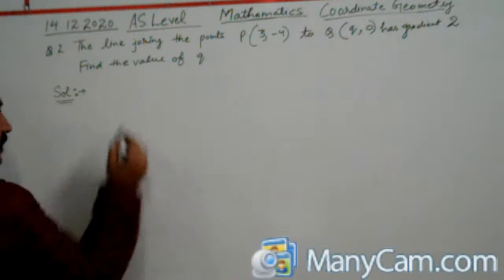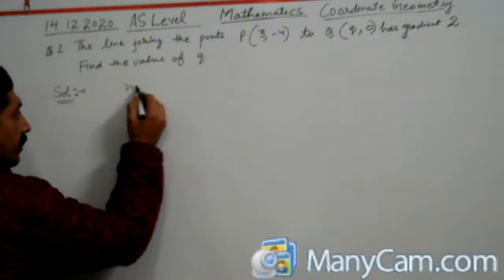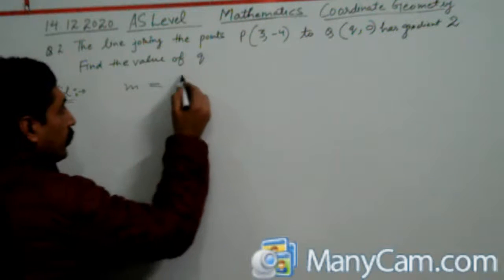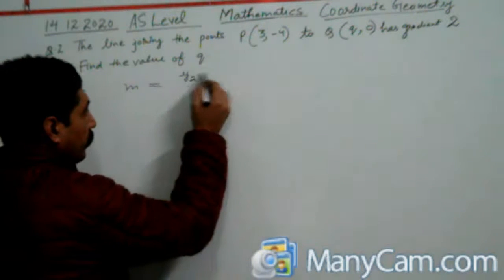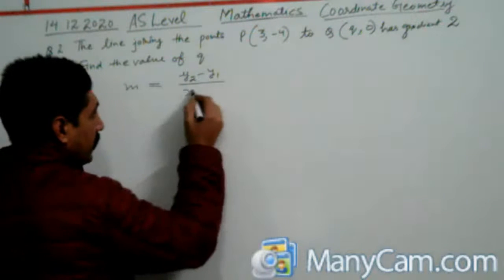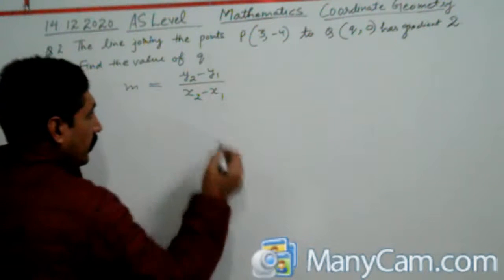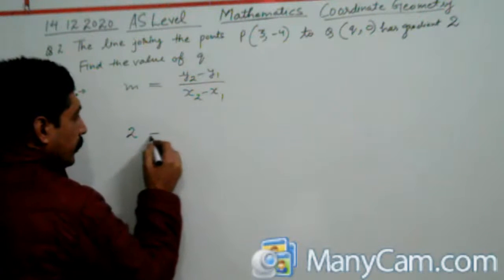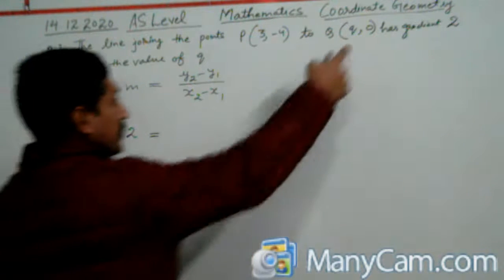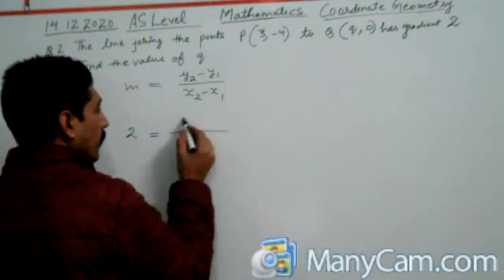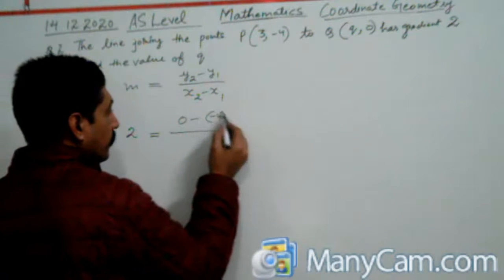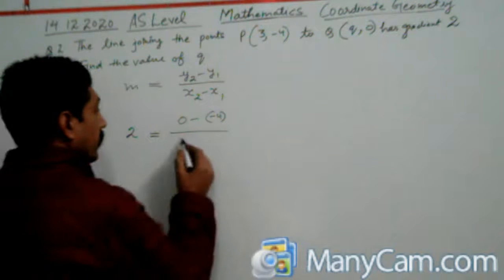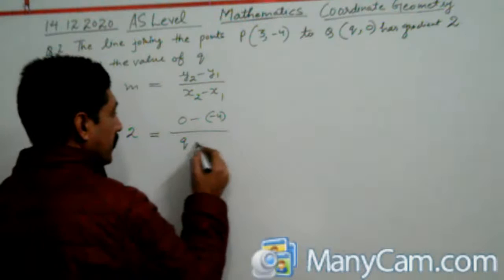So we know the solution here. We have studied that the gradient of a line is (y2 minus y1) upon (x2 minus x1), and this gradient, which is given as 2, is equal to (0 minus of negative 4) upon (q minus of 3).